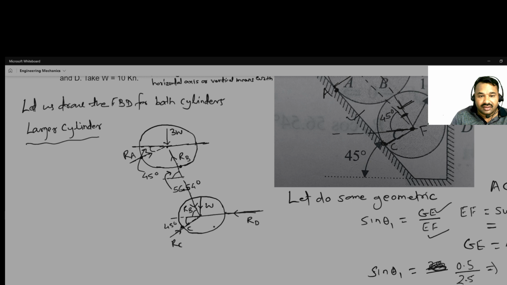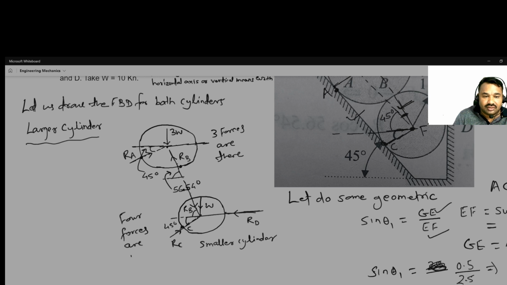Okay, so we can see there are three forces in the larger cylinder. This is the smaller cylinder. Here there are four forces.